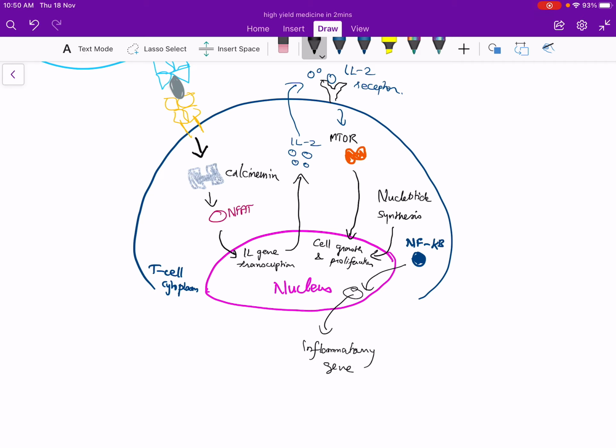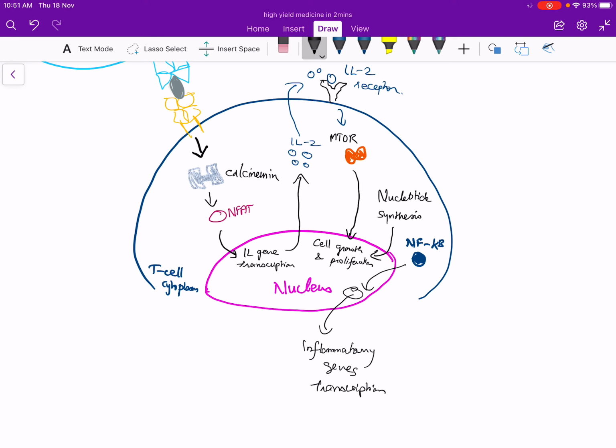NF-kappa B is responsible for the production of IL-2 mRNA and other inflammatory things, an overgeneralized response which causes inflammation. So we'll just write inflammatory genes transcription.